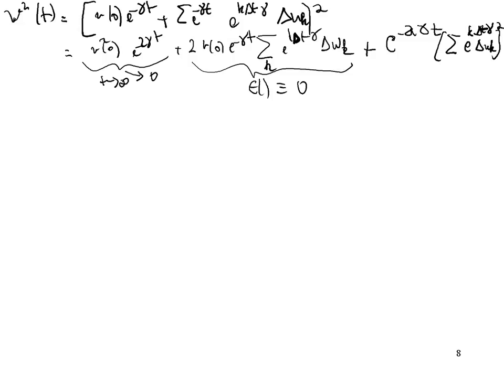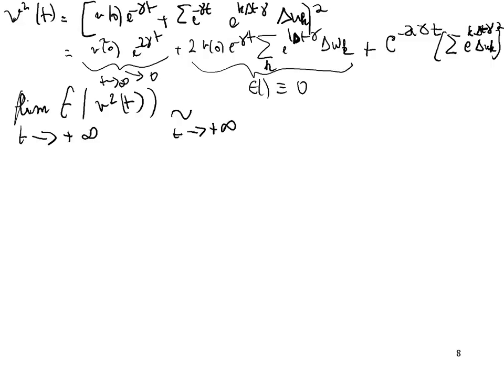Now we are interested in the limit of the expectation of v squared of t. This is to connect always to the Boltzmann results, the limit as t goes to infinity. So this is going to be, by definition, the expectation of this as t goes to infinity.